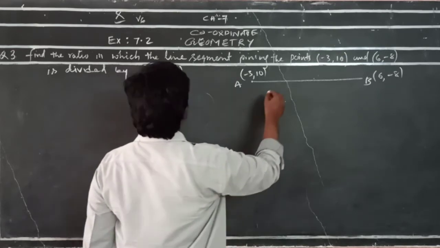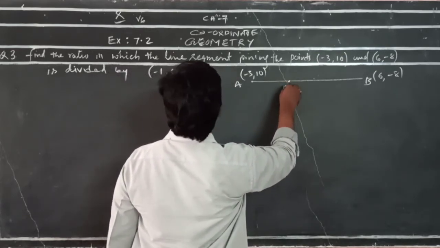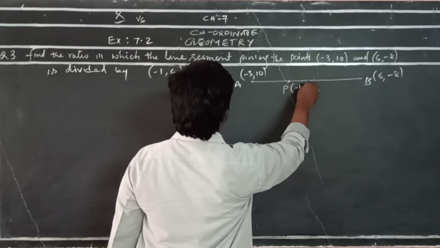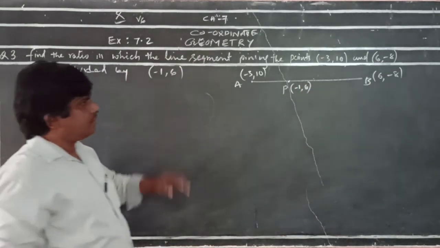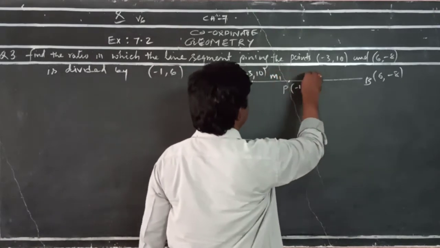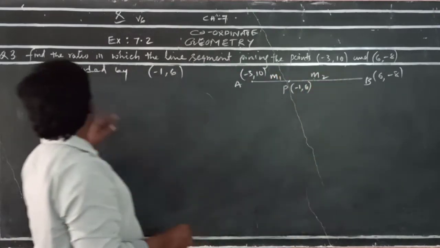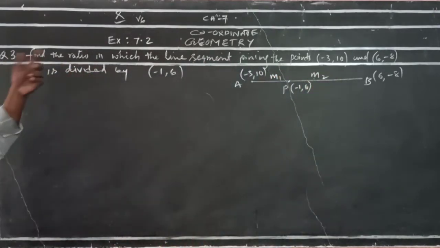And there is a point P which is dividing. What is this point? (-1, 6) in the ratio m1 is to m2. That means we should find this ratio. It is asking for the ratio. In the first and second questions, they asked for the point by a given ratio, but here the point is given and they are asking for the ratio.